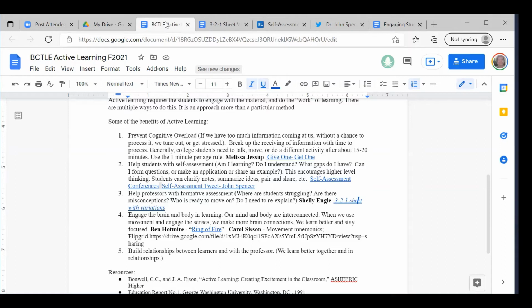So Mark, something I was thinking is that if you think about what the 3-2-1 is asking students to do, it's asking them to not just think about what they're thinking, but to categorize what they're thinking. And if you look at Bloom's taxonomy, that moves you up the higher order thinking, so you're not doing basic recall and regurgitation.